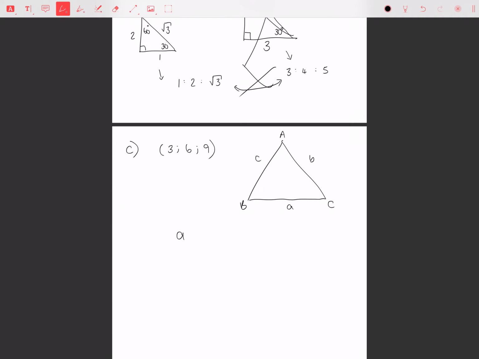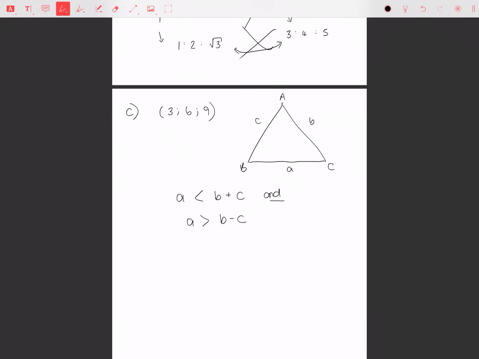So in maths that means it must be less than the other two sides. And at the same time, it must be greater than the difference. So let's look at these. And if these conditions are satisfied, then it is a triangle. If they are not satisfied, then unfortunately that's not even a triangle. So we can't even consider it. Whether it has a 60 degree or anything, it can't have a degree because it's not a triangle.